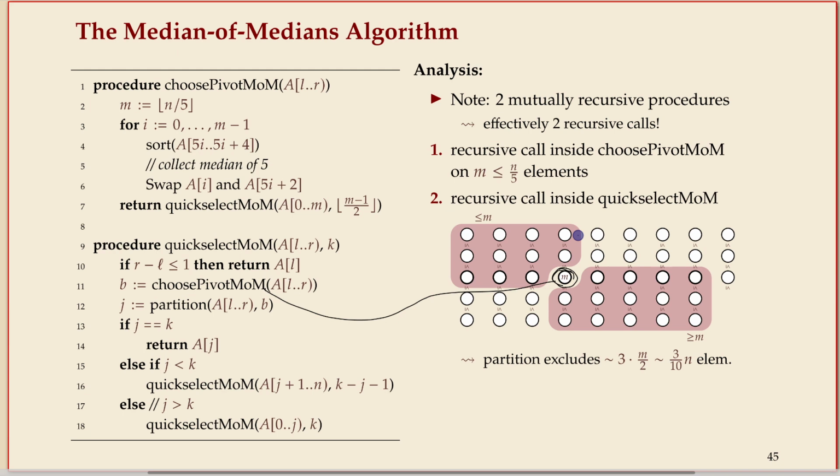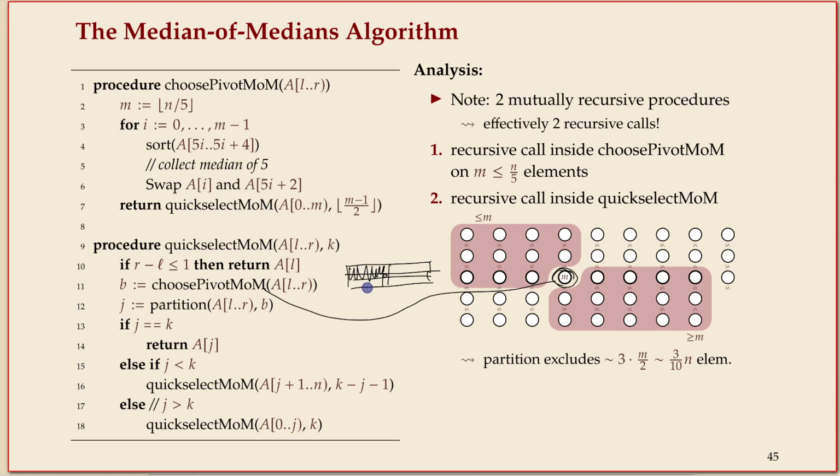If you draw this a bit more abstractly and continuous, the median is picked from the middle, and then we have these 5 rows, and basically we're looking at this part, which looks like a quarter of this rectangle, but it's actually more, right?